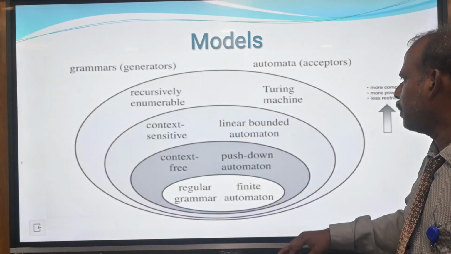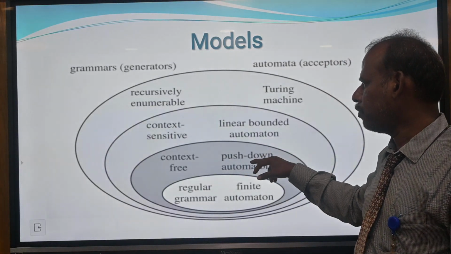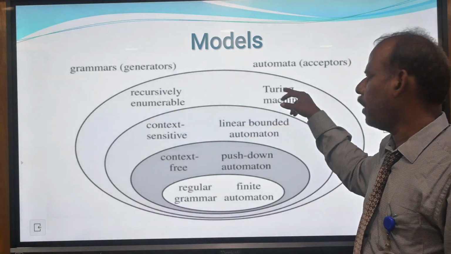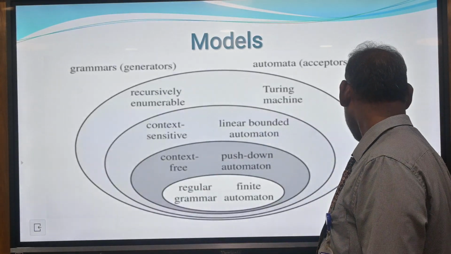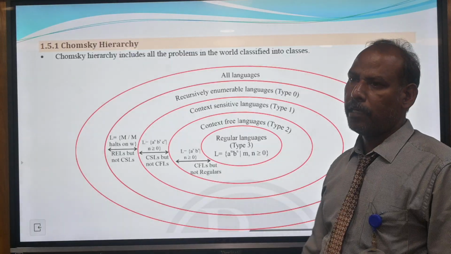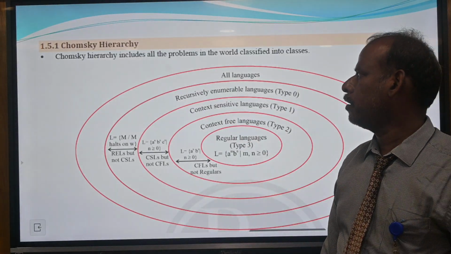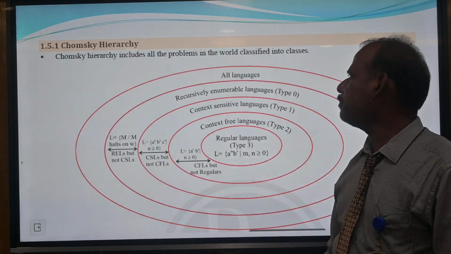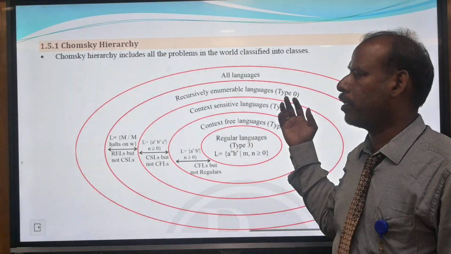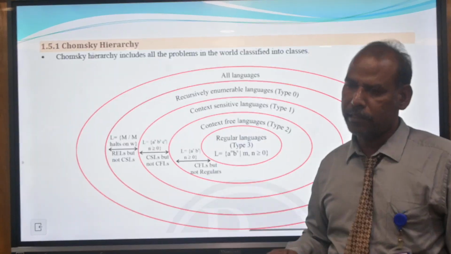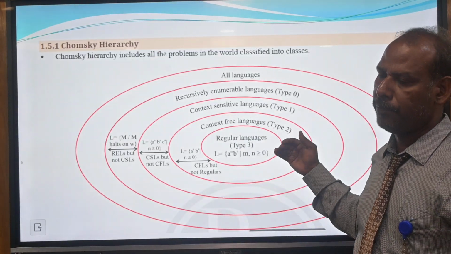On the automata side there are finite automata, push down automata, linear bounded automata and Turing machine. Here the Chomsky hierarchy is given. It classifies the problems into classes, type 0 to type 3.